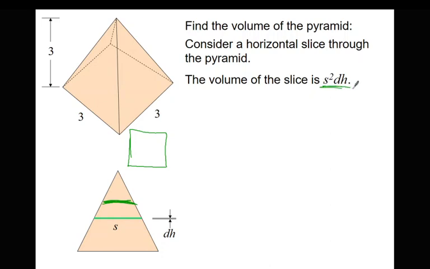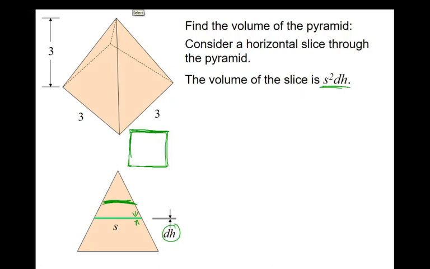This is the volume of this one piece. This is what the area looks like, and this is the height of it from here to here. But that's just the volume of one little piece. I don't want the volume of one little piece. I want the volume of the whole figure.